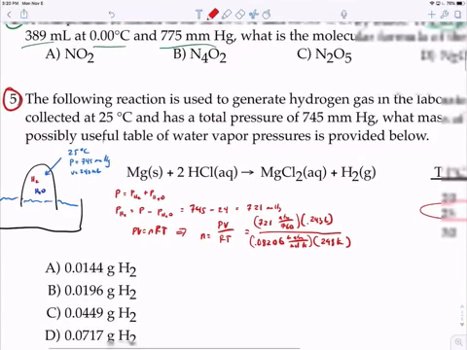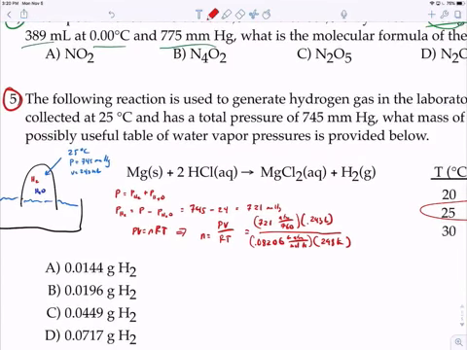That gives us the n. I'll just go ahead and calculate it out because you have to multiply by 2. So 721 divided by 760 times 0.243 over 0.08206 times 298.